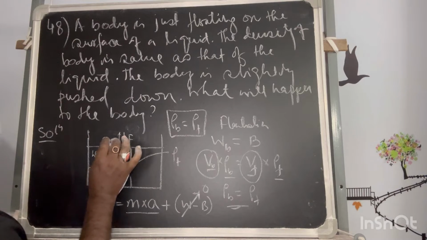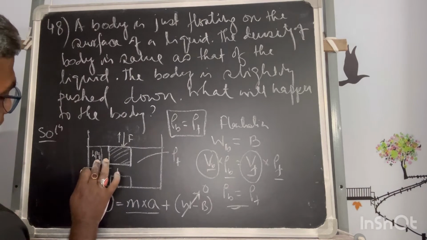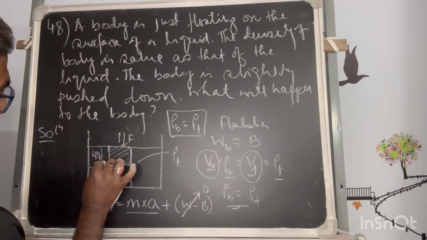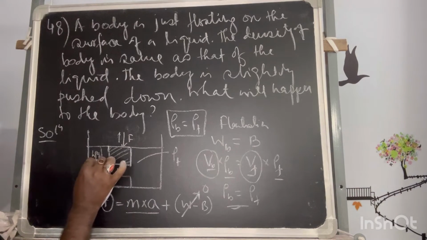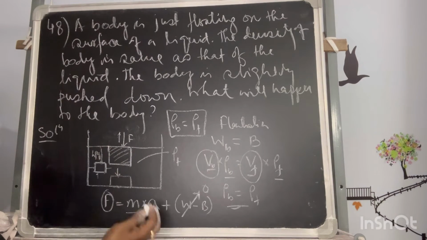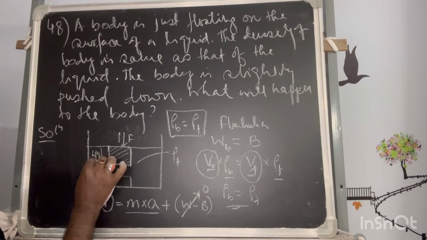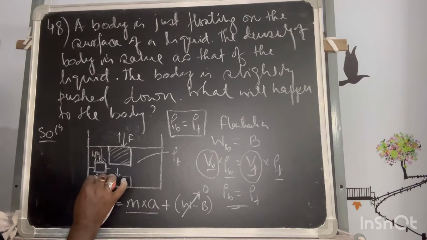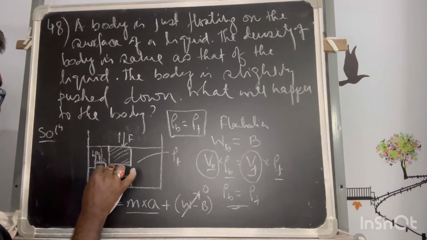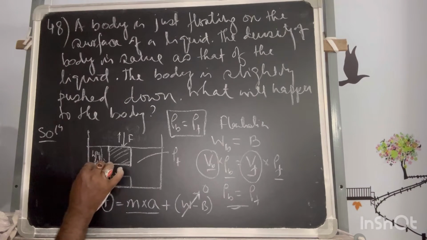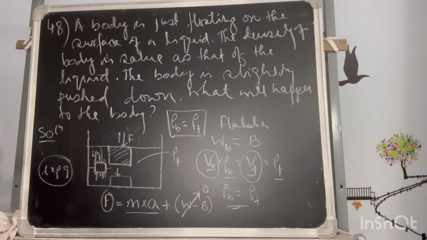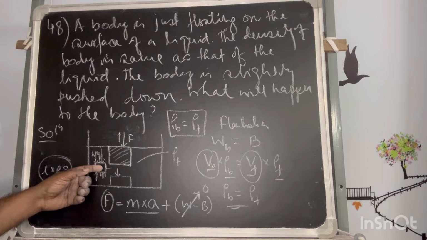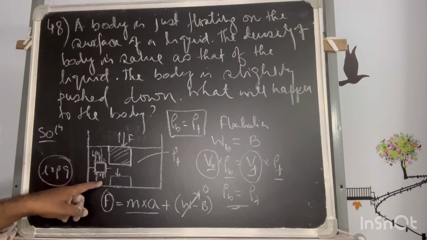Now the body's dimension is not given, but even if the force is considered due to the height of these two dimensions, if it is so large, there could be a force acting due to the pressure energy on this surface, and that will be nullified. What is the force acting on this, and the total force acting here due to the height difference, if it is H L into rho into G, this could be the case that could reduce the effect of the force at some point of time.